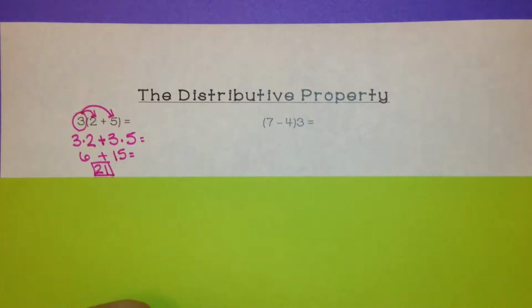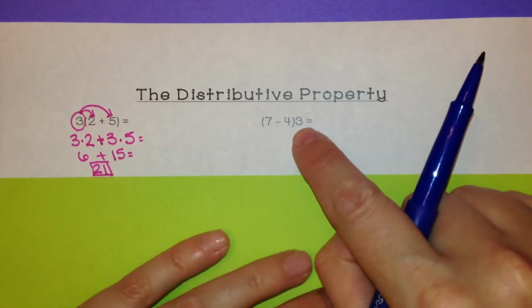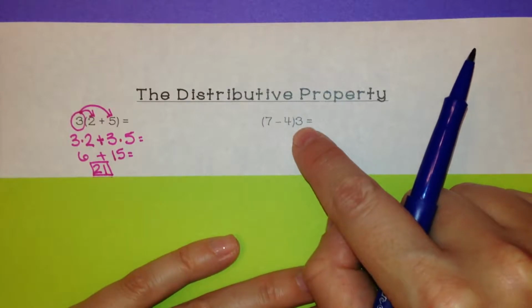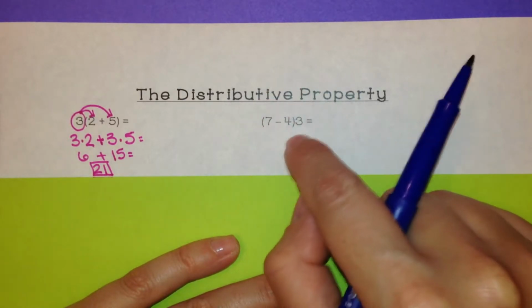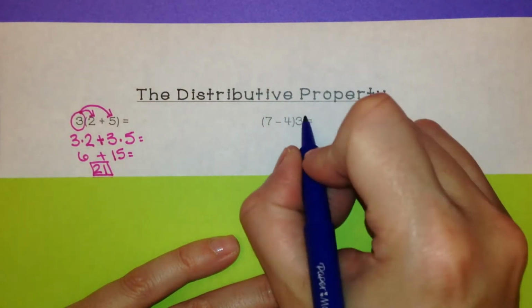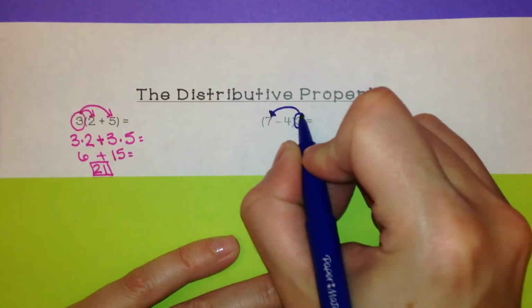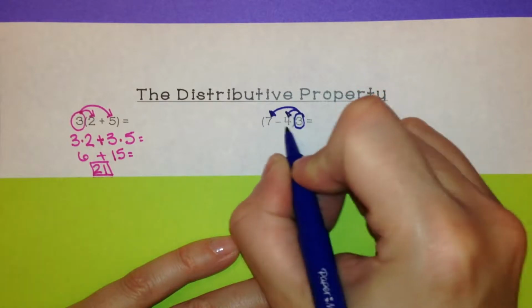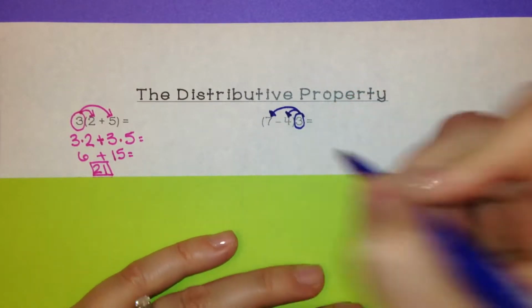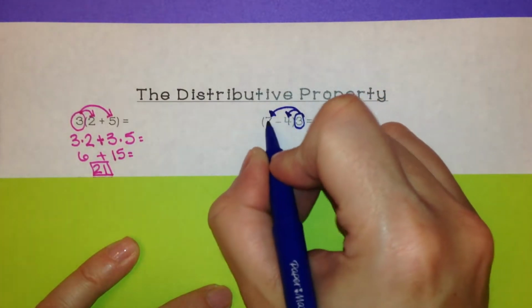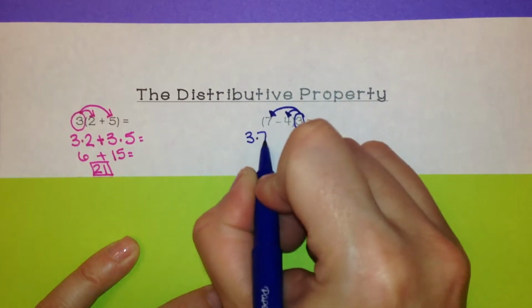Okay, we're going to do the same thing over here. So this time the number's in the back. It doesn't matter. It's still multiplied by everything inside the parenthesis. So I'm going to multiply the 3 by each term inside the parentheses. This time I have subtraction in the middle, so I need to make sure I bring that down. So I have 3 times 7.